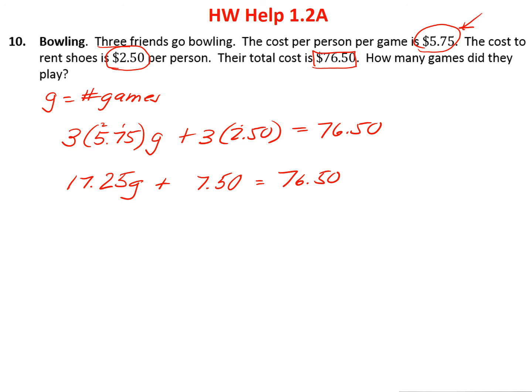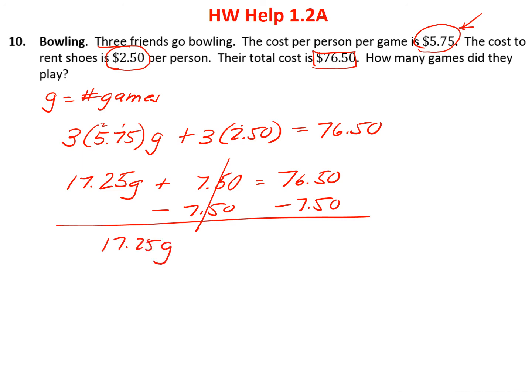So we undo the addition first by subtracting 7.50 from both sides of the equation. That's going to go away, and so I have 17.25g equals $69. So that's how much it costs for the bowling.